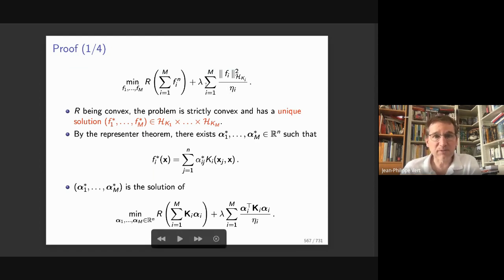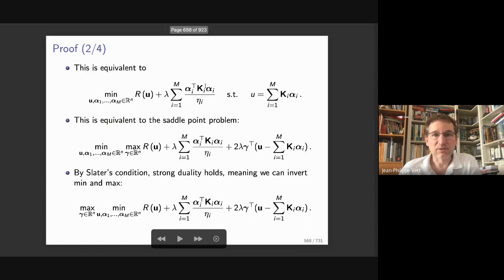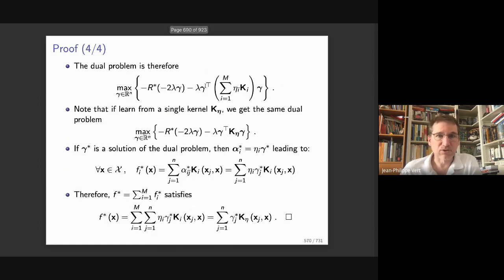If you do the same derivation with a single kernel, you will obtain exactly the same dual, the only difference being that m equals 1 and eta equals 1. If you look at where the kernel appears in this equation, it appears only in the quadratic function of gamma. So the only contribution of the kernel is to change that quadratic function.